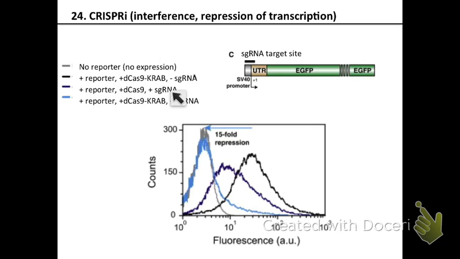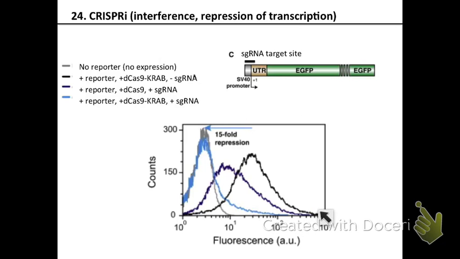All right, so here's the data. If you transfect all your dCas9 and sgRNA, but don't put any reporter into the cells, you're not going to have any GFP expression, and that's what the gray line is here. What we have here is a histogram. This is the fluorescence measure of the EGFP.